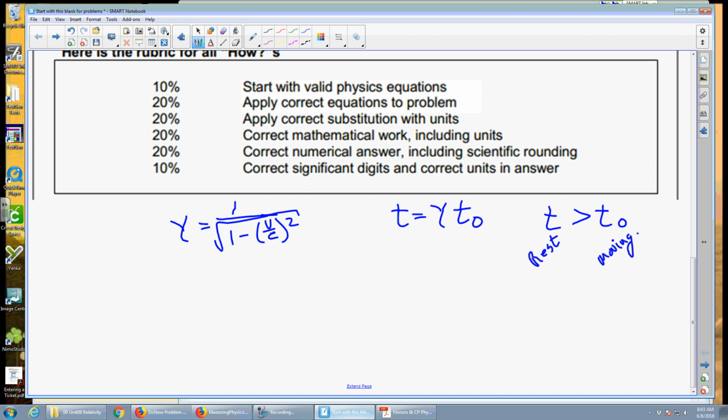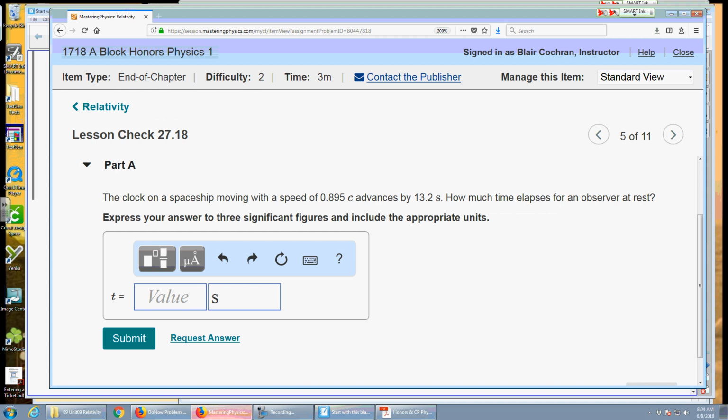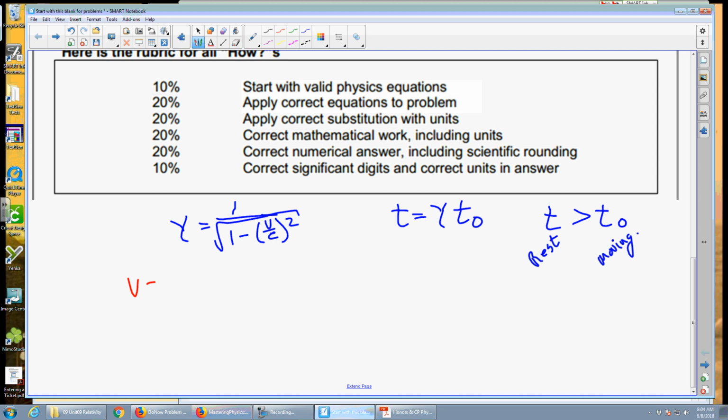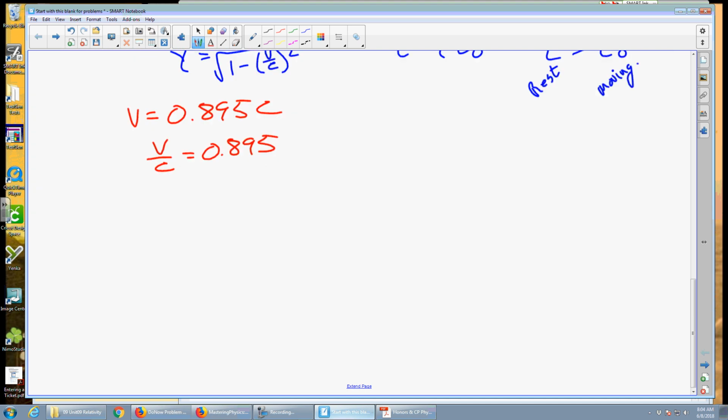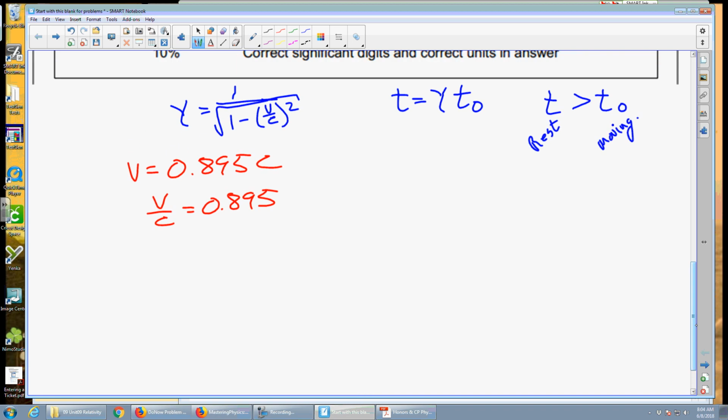Because in this one, they tell us that V is 0.895 C. So V equals 0.895 C, then V over C is just 0.895. I try to avoid having to use the value for C as much as is humanly possible, because that's a big number to substitute in, right? So if I can keep things in terms of C, that makes me happy.